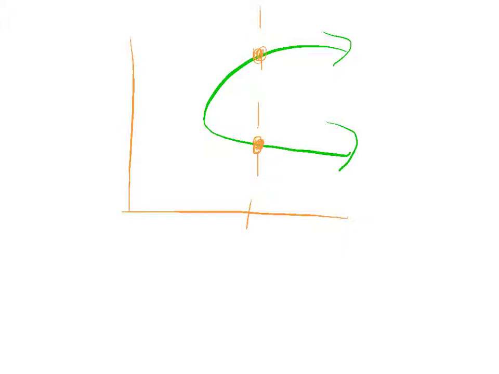They would have the same x value, so we can even make something up. This might be 3, 4, and this might be 3, 10. They have the same x value, but they have different y values. In that case, that does not meet the definition of a function. The definition of a function says that for every x, you have just one y value. So this one is not a function.